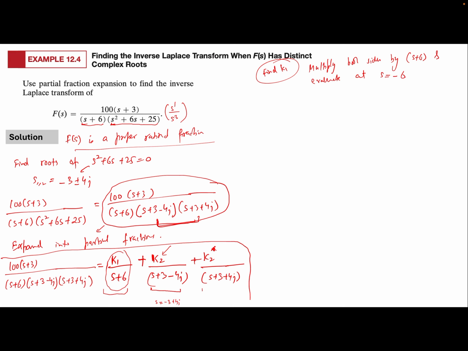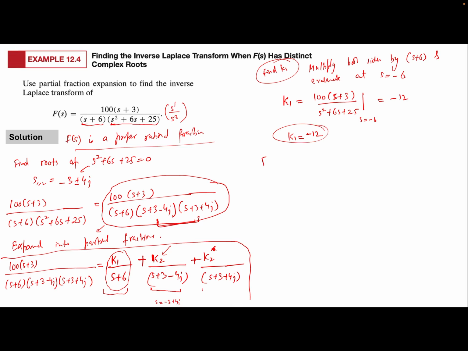Once you do that, on the right hand side you're only left with k1, and the left hand side is going to be 100 times (s plus 3) over (s plus 6) times (s squared plus 6s plus 25), where s plus 6 will be cancelled, the two roots, at s equals minus 6. Once we do that, the answer comes out to be minus 12. So the value of k1 came out to be minus 12.